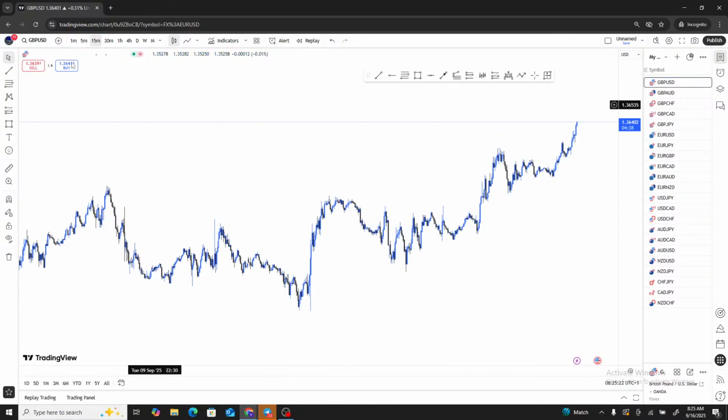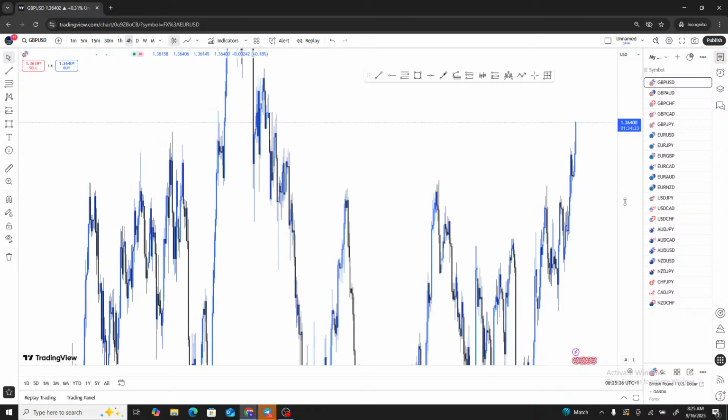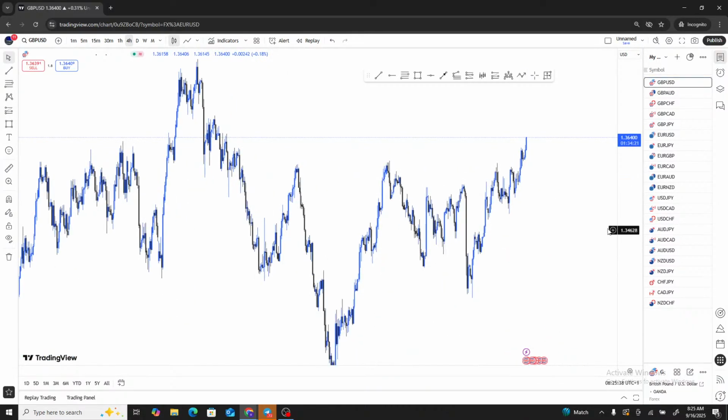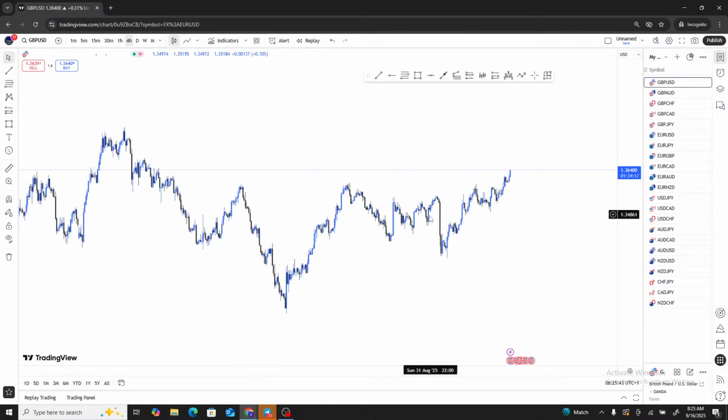Right now, we can see this chart. This is GBP USD on the 15 minutes time frame. As you can see on the daily and H4, this market is going to the upside.